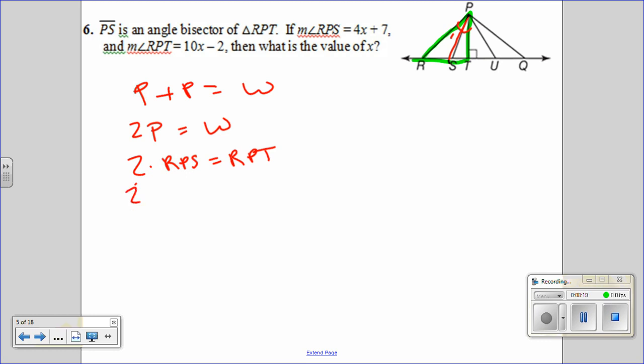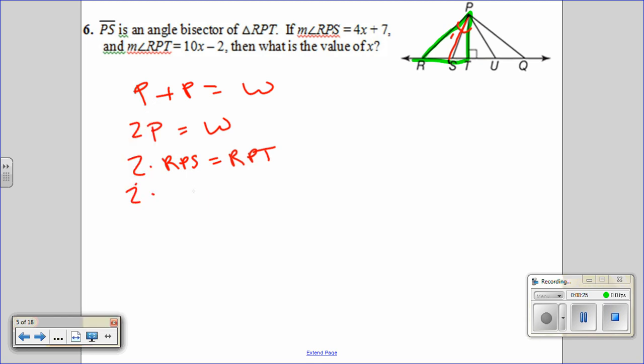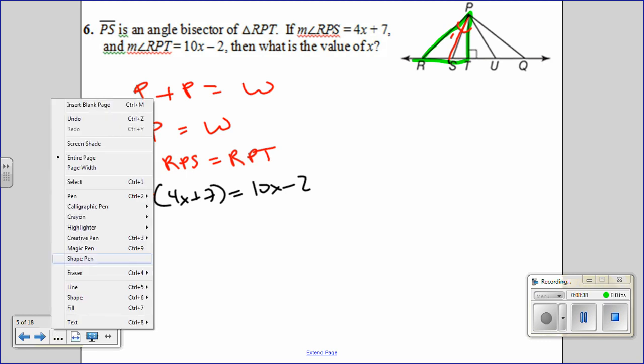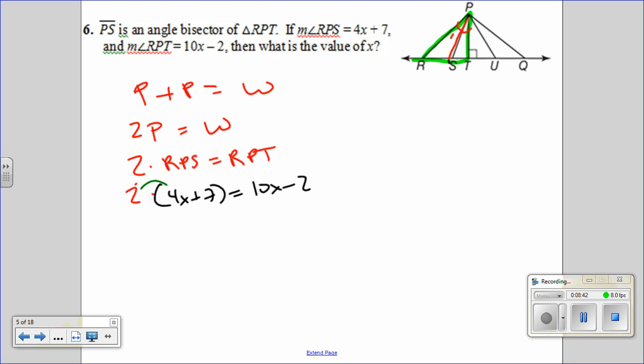So that means 2 times 4x plus 7 is equal to 10x minus 2. So we have to distribute the 2 inside the parentheses to give you 8x plus 14 equals 10x minus 2.